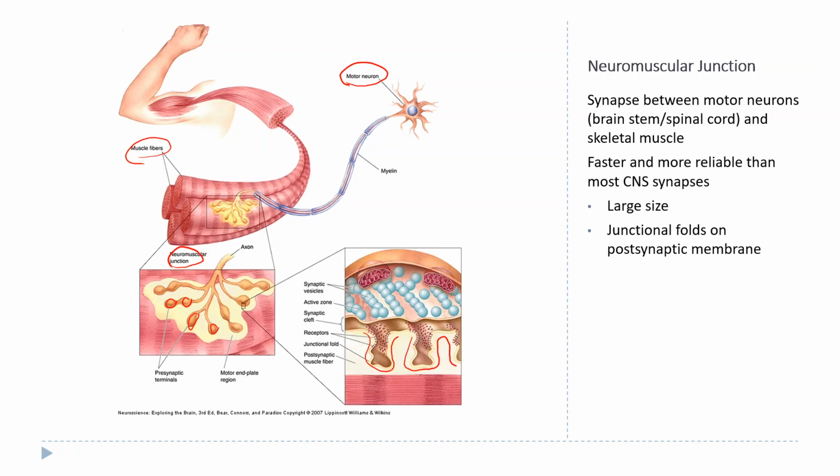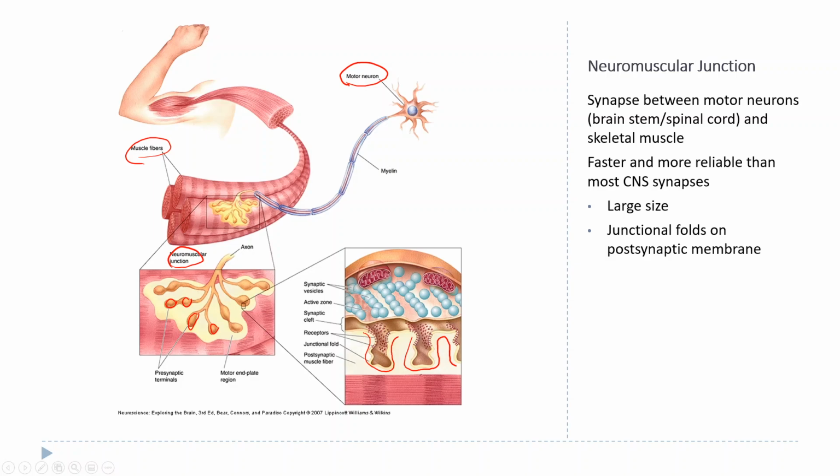And they're much more reliable, which means that a given action potential from the motor neuron is guaranteed to cause the muscle fiber to respond, which is not always the case with central nervous system synapses. We'll talk about that later. Not all action potentials in a central nervous system neuron are going to trigger action potentials in a postsynaptic cell. And that actually is important because that's how the central nervous system is able to process information.